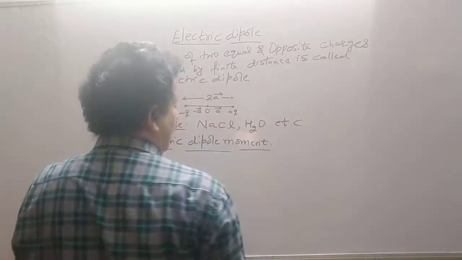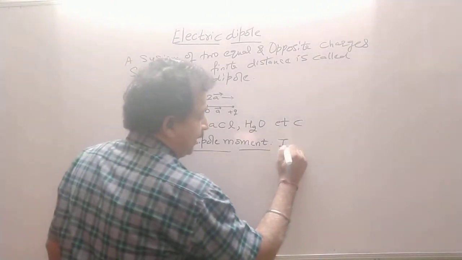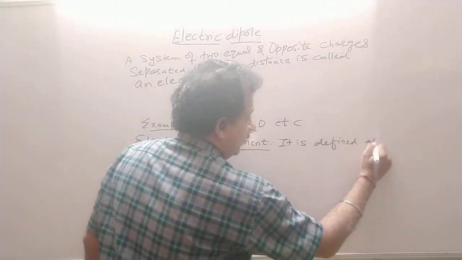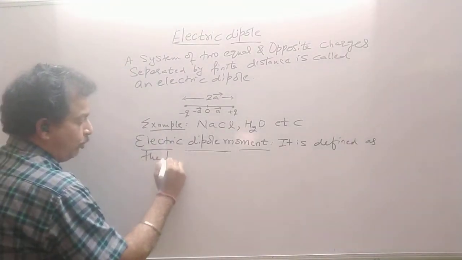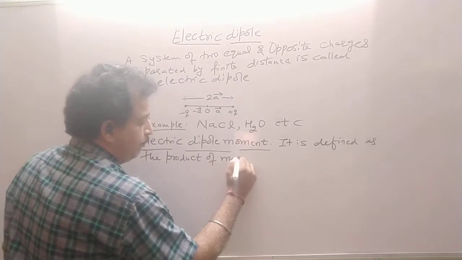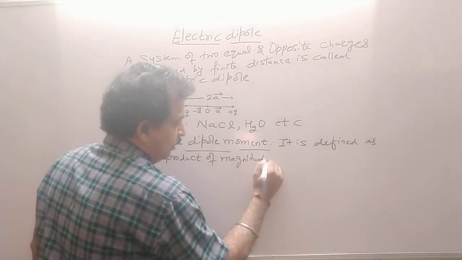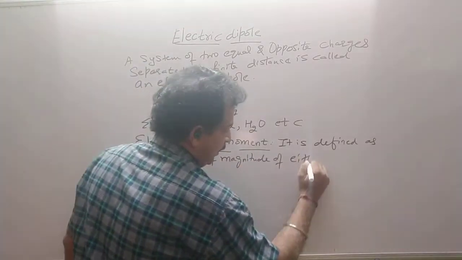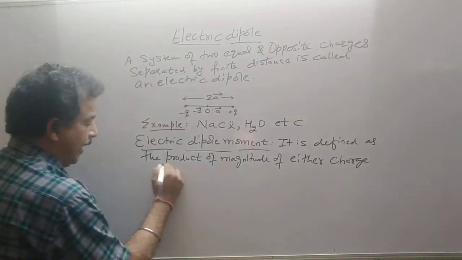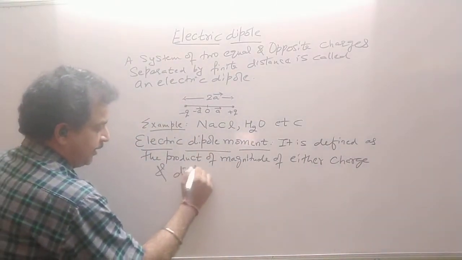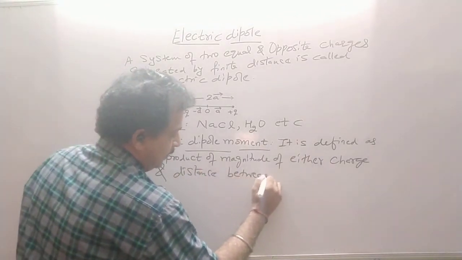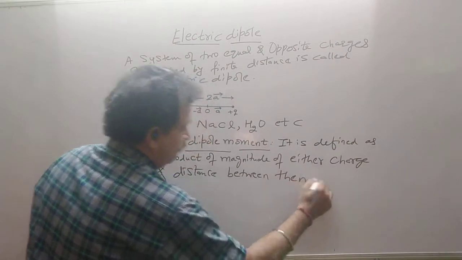Now what is an electric dipole moment? It is defined as the product of the magnitude of either charge and the distance between them. So what is the definition?